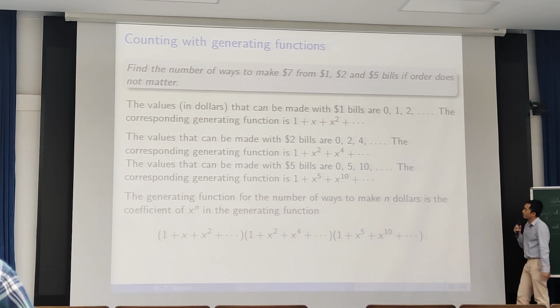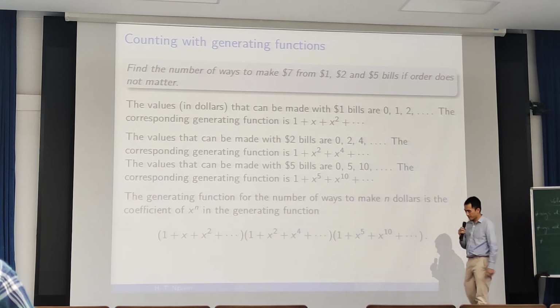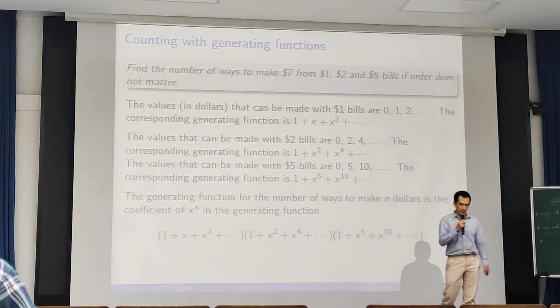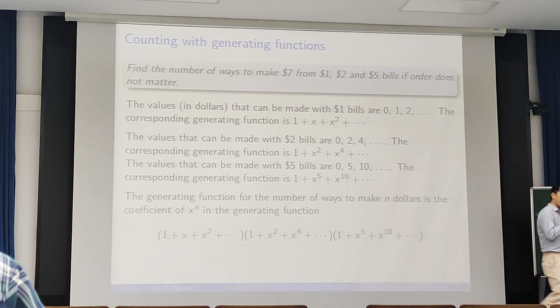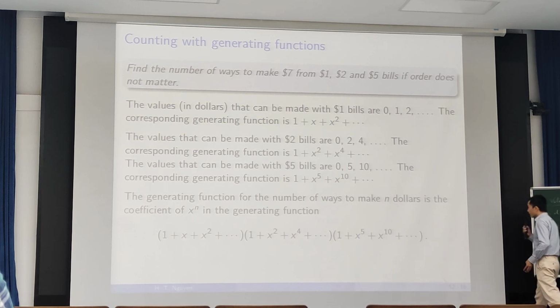And now, if we take the products of those 3 generating functions, then we get the generating function which will give us the number of ways to make a certain sum. Why?